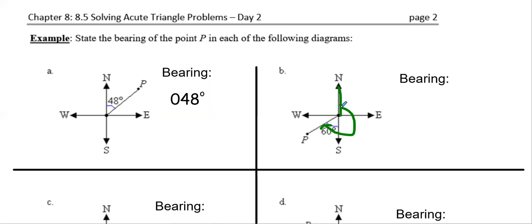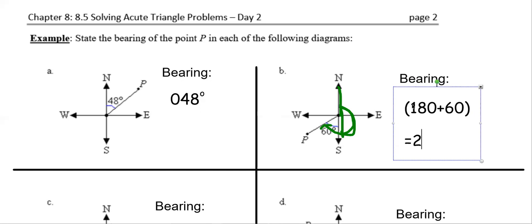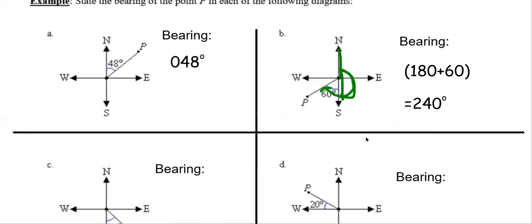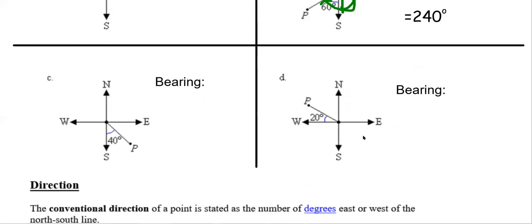So that's going to give us 180 plus the 60. So the bearing that we're looking at is a bearing of 180 plus 60 degrees, which is equal to 240 degrees. Okay, so that would be the bearing. 240 is actually the way it would be pronounced.